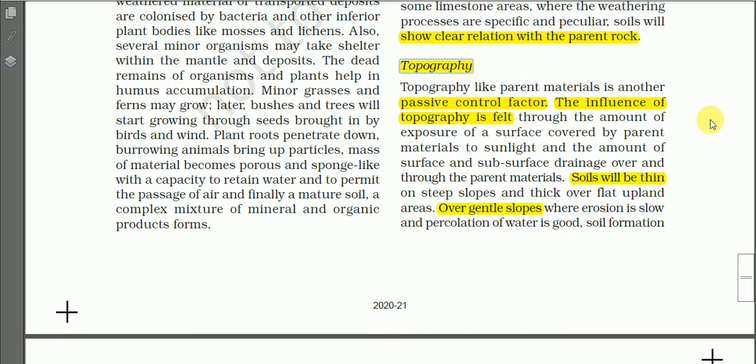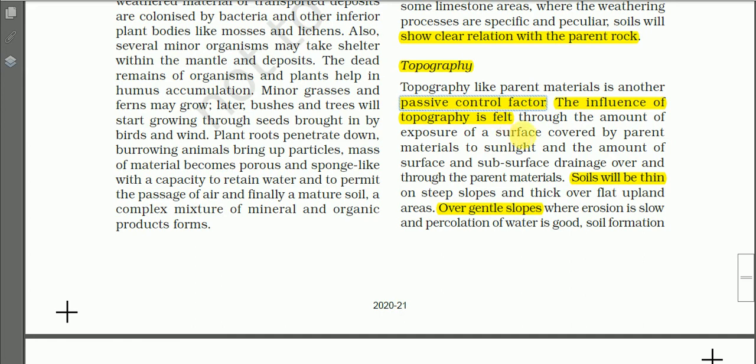Next we have another important factor, that is topography or relief, as you find in the equation. Topography is also a passive control factor, that means not active; another force will act.